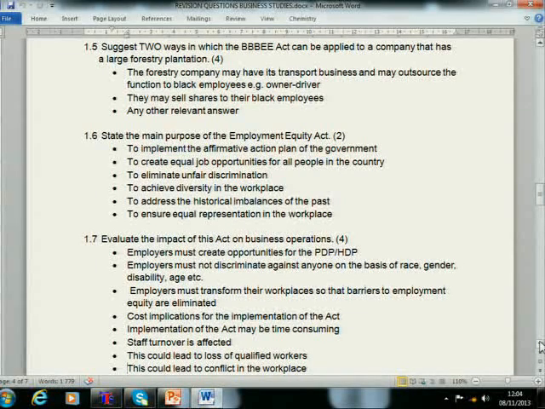This can also affect the staff turnover, especially if we have people who had a chance in the past, who may not be considered for employment now, who may not be considered for promotions now. That can affect them negatively and they may end up leaving.